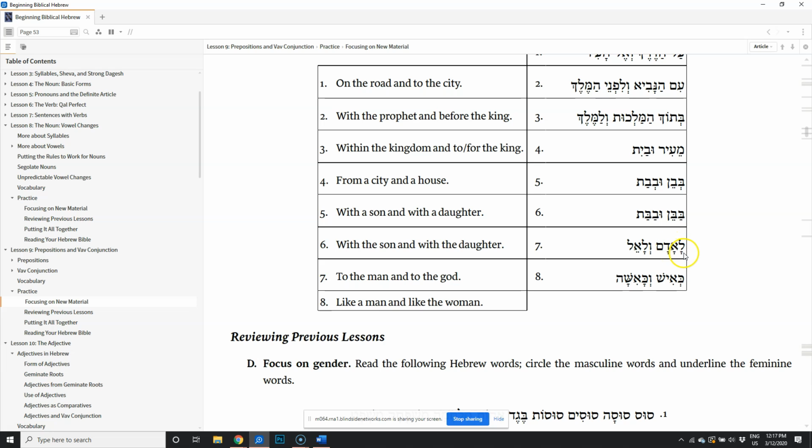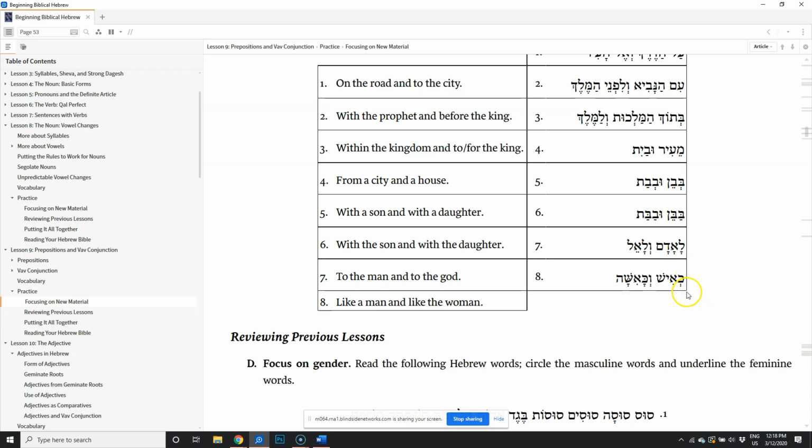And so the Patach of the definite article is going to lengthen to Kametz. And then that Lamed comes in, stands on top of the Hey, takes its place. That's why we get for the man or to the man. La'el, and for or to the God. Again, it's important to add the on there because that Kametz here under Lamed indicates the definite article was there.